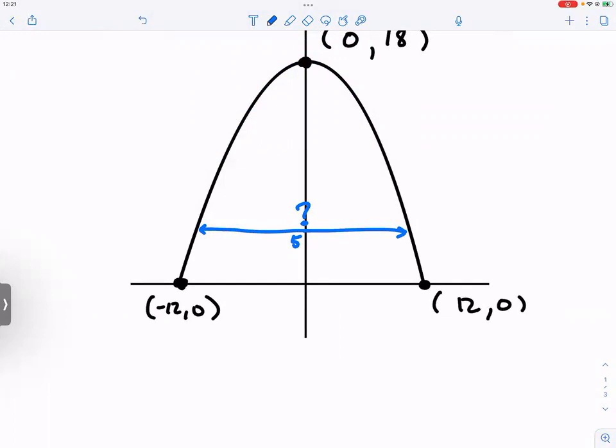Now, what is the question then? How are we going to find some useful information to find out how wide it is?